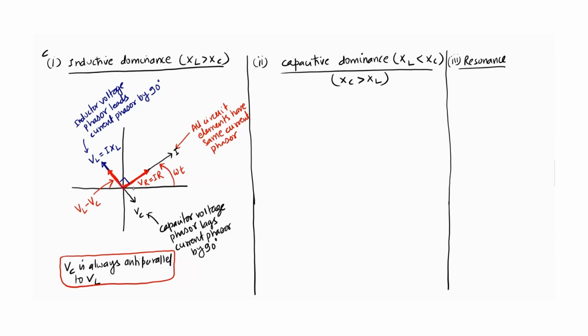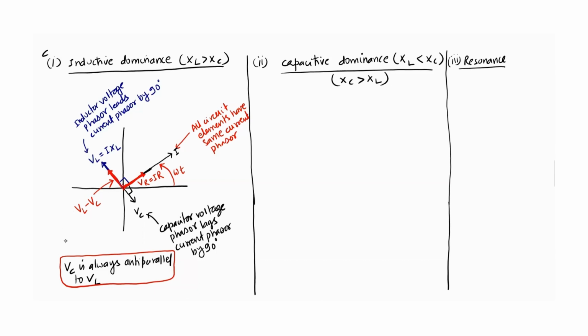This angle is also 90 degrees, since the capacitor voltage phasor lags the current phasor by 90 degrees. This phasor is always perpendicular to phasor VR. We need to note this.